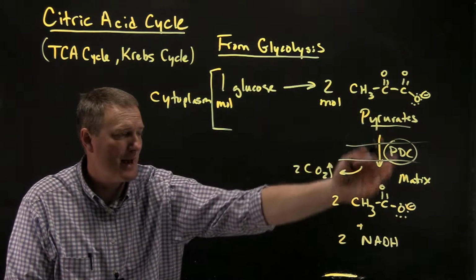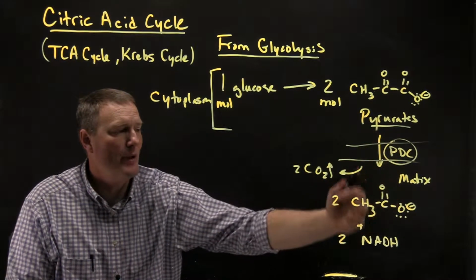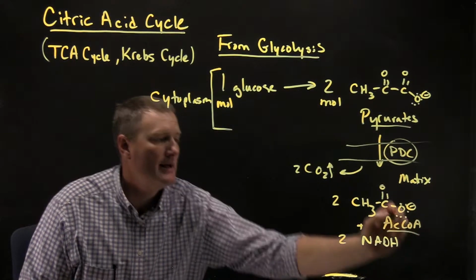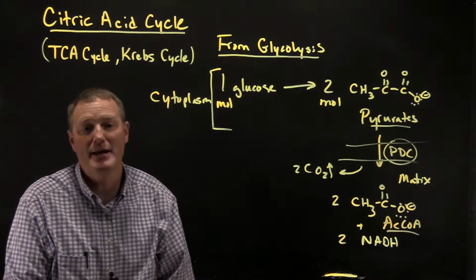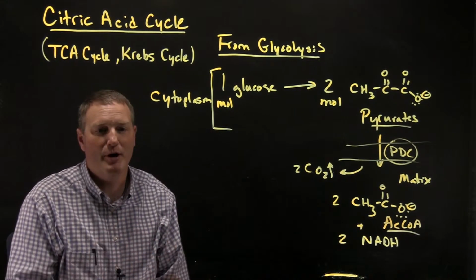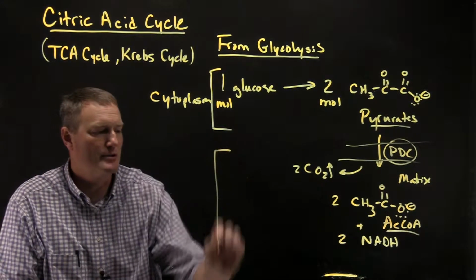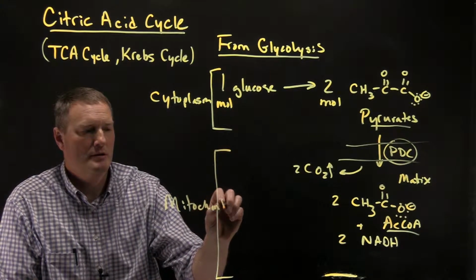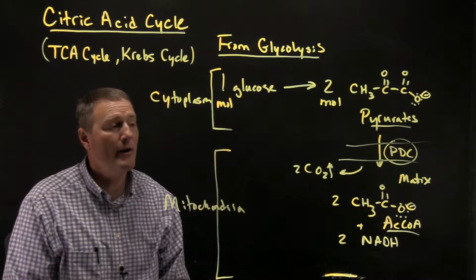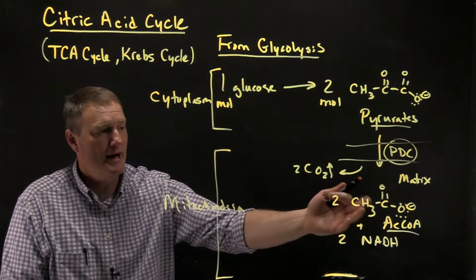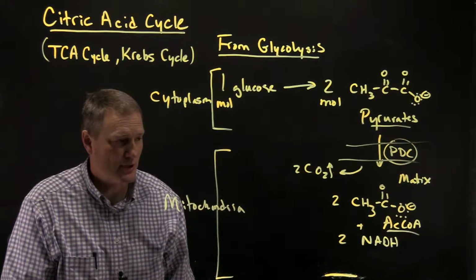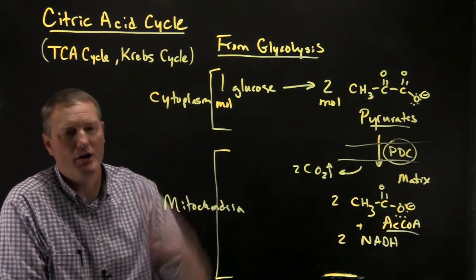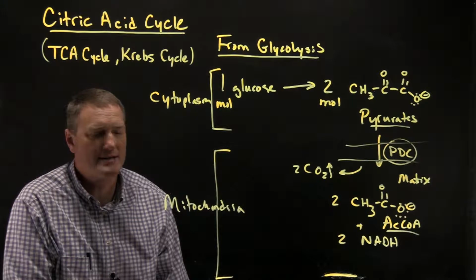So as the carbons pass through that, the acetyl-CoA units, this is called AC-CoA, abbreviate that, those are then deposited in the matrix, which is the innermost compartment of the mitochondria. So we'll just write mitochondria here. All right, so once those compounds now are deposited in the matrix, the 2 carbons of acetyl-CoA now are going to enter into what's called the Krebs cycle or the citric acid cycle.